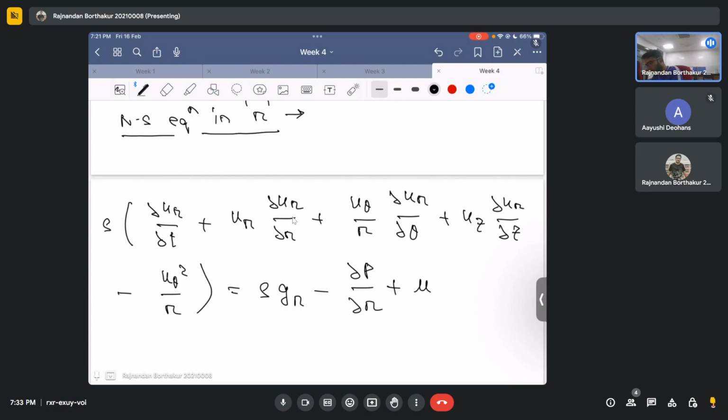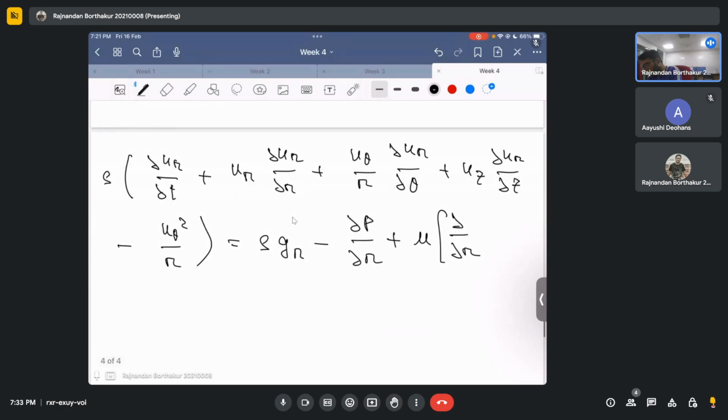which is equal to rho times gr minus del p by del r, plus, where the left hand side denotes the inertia term, as you know. This term becomes mu times del by del r of 1 by r times del by del r of r ur.